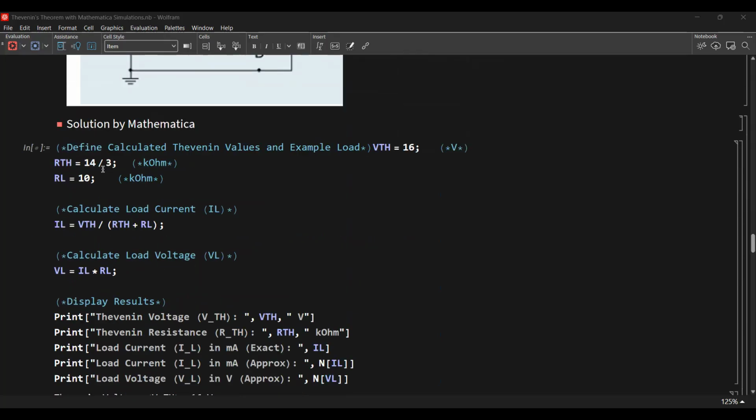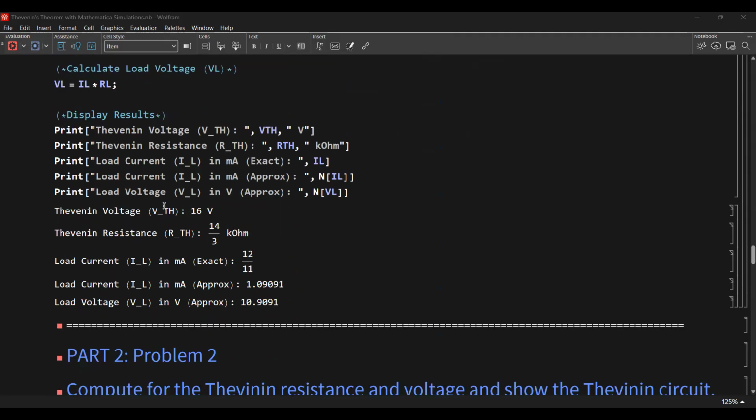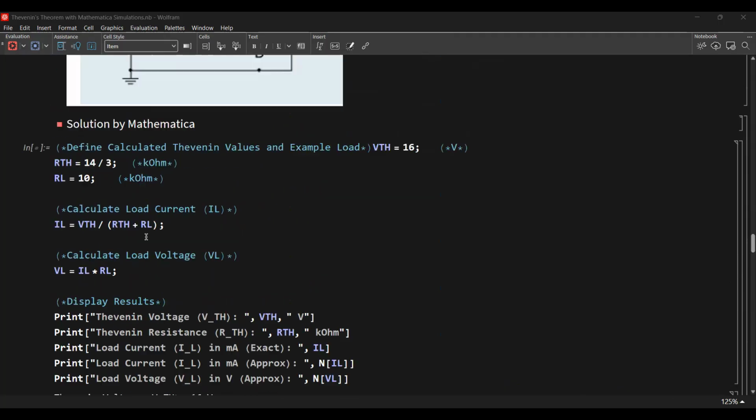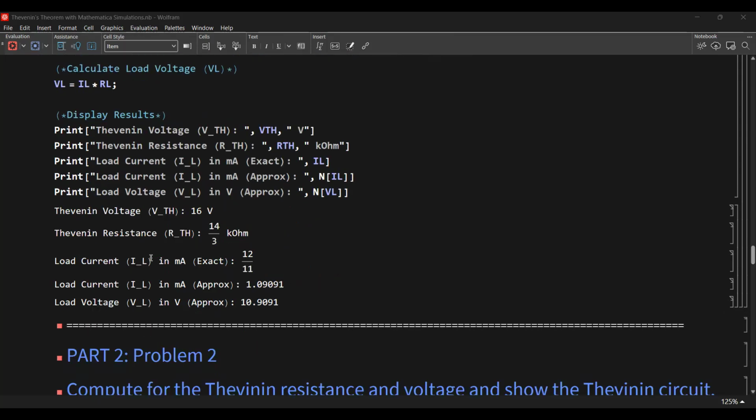So we have RTH 14 over 3, RL equal to 10. So we have here from the computations IL, the Thevenin current. So the Thevenin current is 12 over 11.